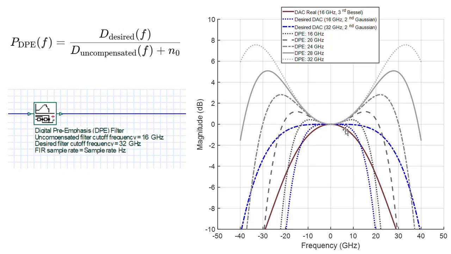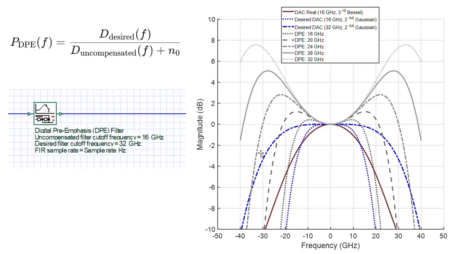This particular red response for this uncompensated filter will cause penalty in our simulation model. To compensate for this low-pass filter effect, we would like to include a high-pass filter to take out this low-pass filtering effect. And this is where the desired filter comes in.